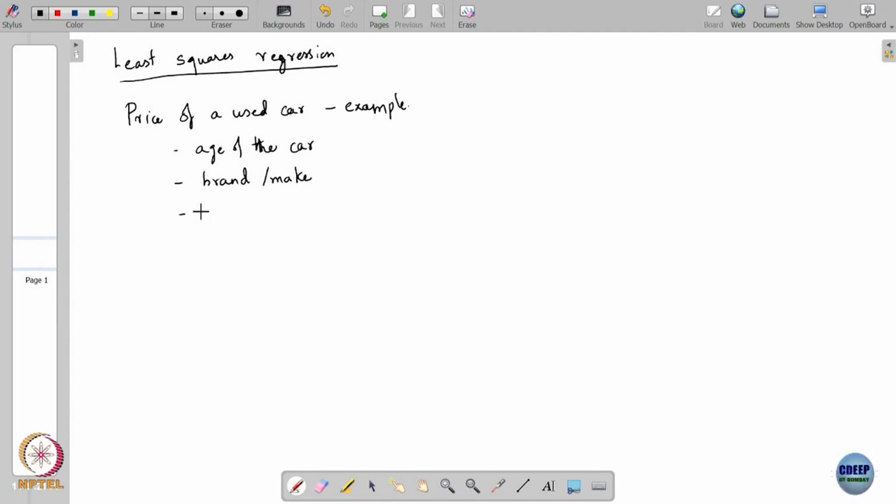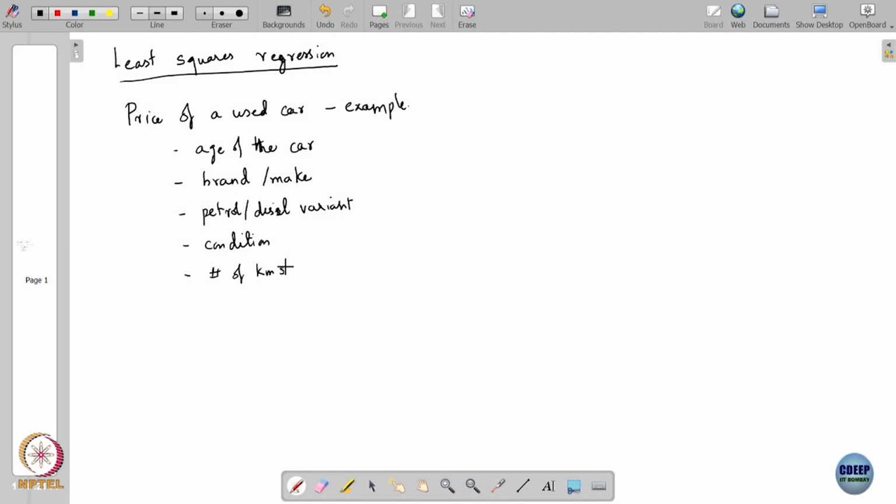It depends on whether it is a petrol or diesel variant. It depends on the condition of the car. It depends on the number of kilometers it has run, etc.